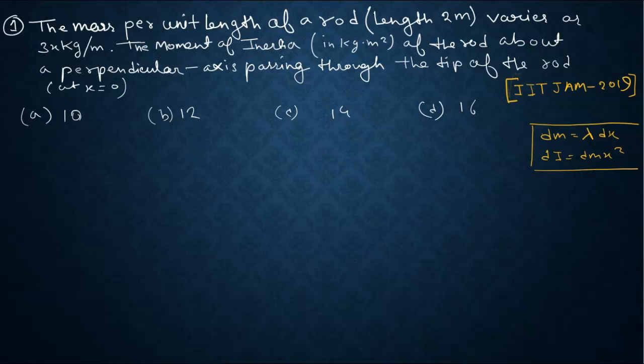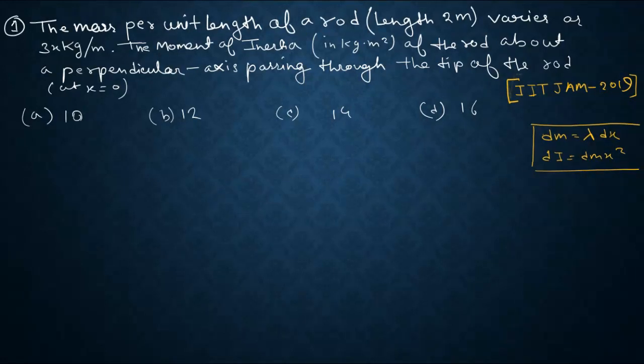Now this question is saying that the mass per unit length of a rod of length 2 meter varies as 3x kg per meter. We need the moment of inertia in kg meter square of the rod about a perpendicular axis passing through the tip of the rod at x equals 0.